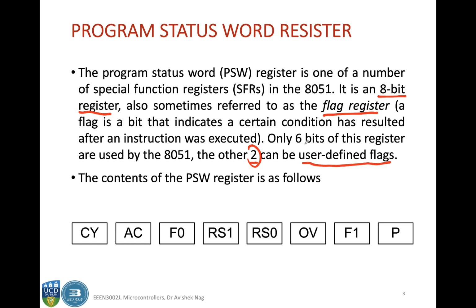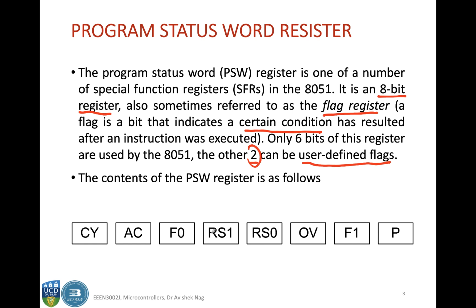The 6 bits of the register are used for different operations and to raise certain conditions within the microcontroller, like if different functions are executed, then there would be some conditions related to those functions that may be necessary to perform some other functions.